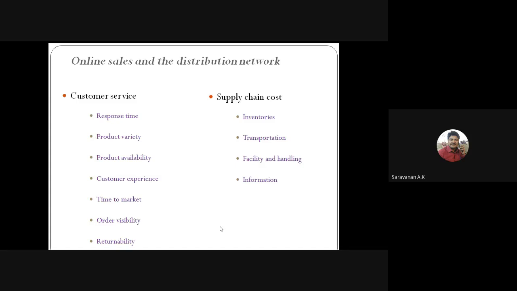Then the other term, the supply chain network cost. The second one is the impact on the costs. What are the costs? Inventory cost, transportation cost, facility and handling, and information cost.